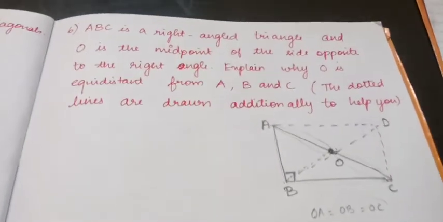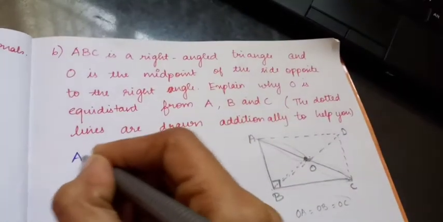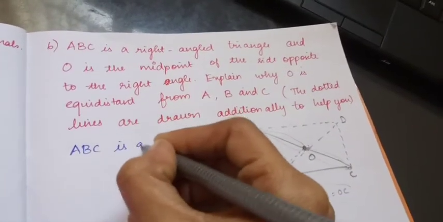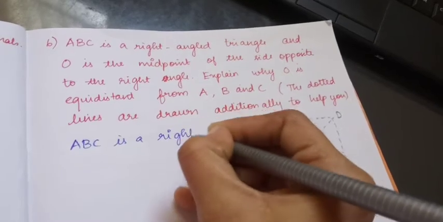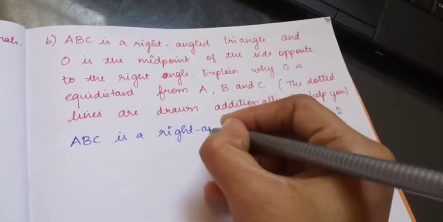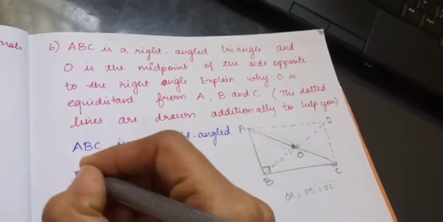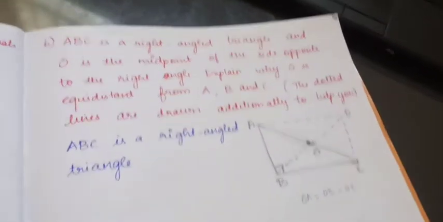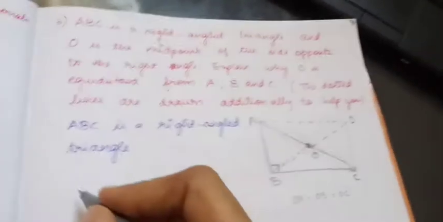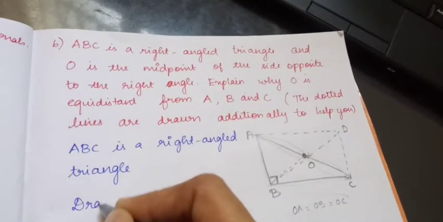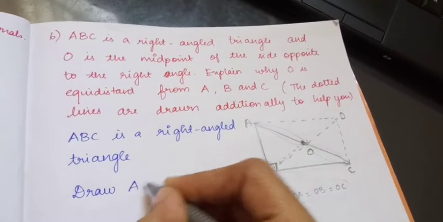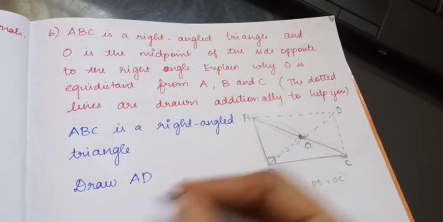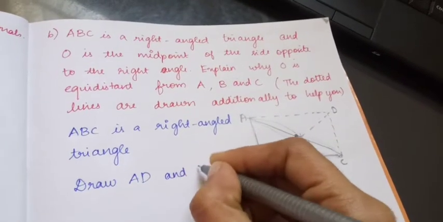So it will be easy for us to do this, they are saying. Okay, what is actually given? ABC is a right angled triangle. Then they have drawn AD and DC.